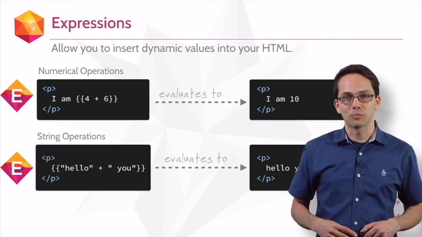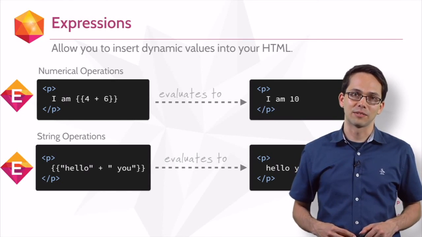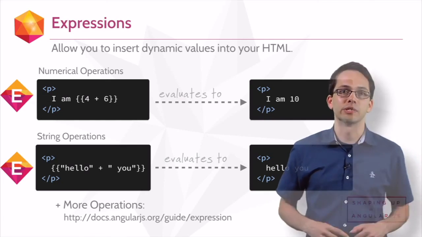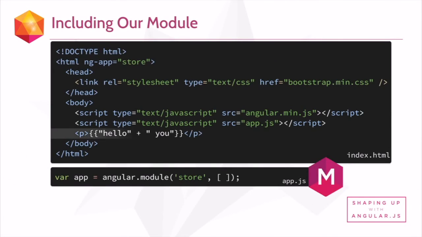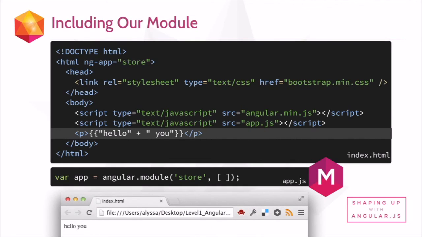We'll be using lots of expressions inside of our Angular application, but for more examples, check out this URL. So if I move hello you into our Angular application and I load it up locally in my browser, I'm going to get hello you, just as you might expect.